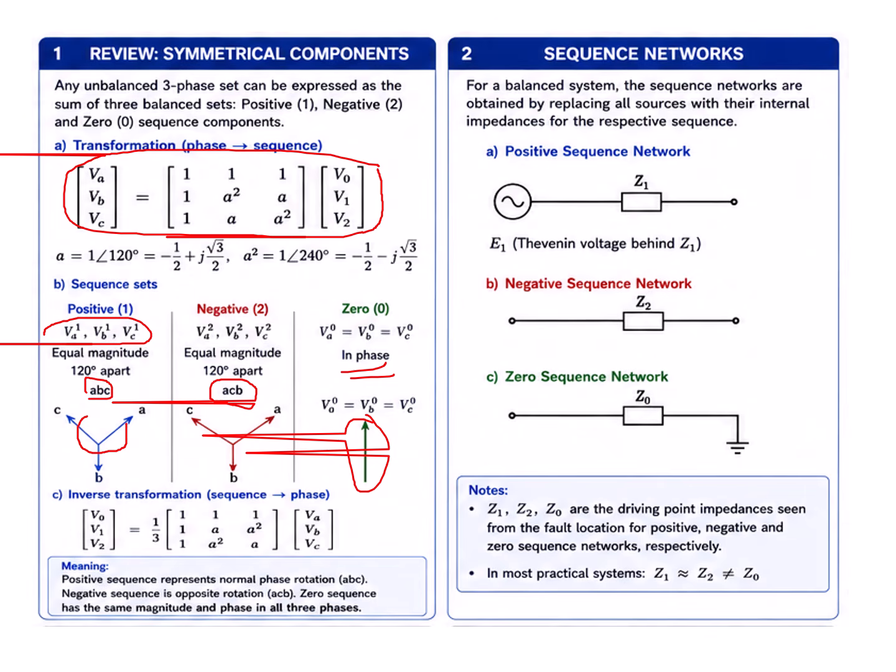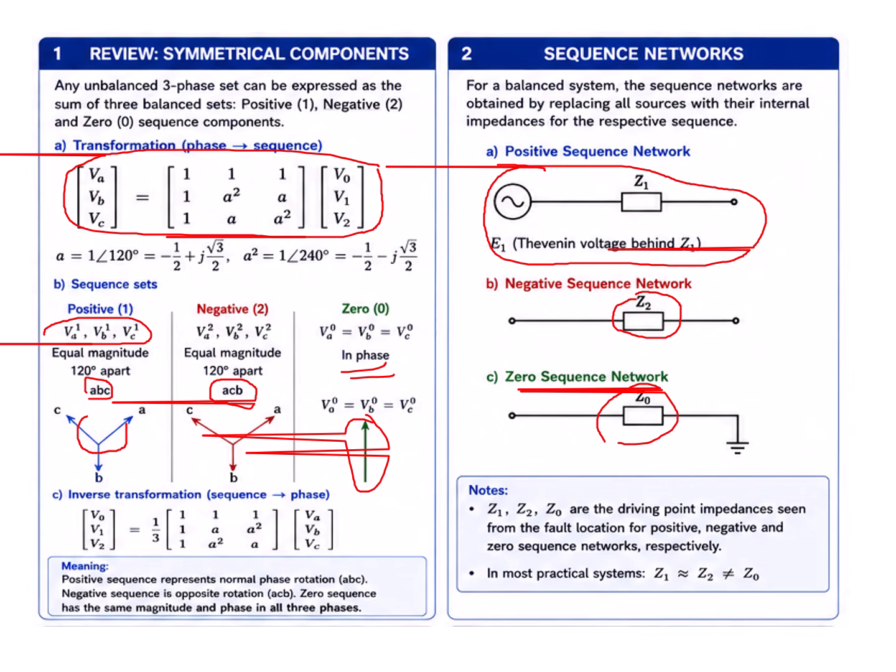For a balanced system, the sequence networks are obtained by replacing all sources with internal impedance for the positive sequence. For the positive sequence we have already seen this, and we can obtain the total impedance. Again, for the negative sequence, we don't have a source, so it becomes equal with Z2, the negative sequence component. The zero sequence also doesn't have a source, so it becomes like that.